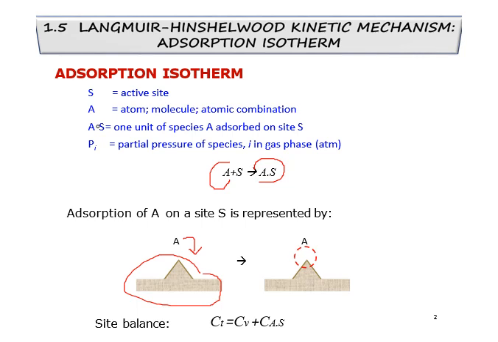So if we do a site balance on concentration, the total concentration for this occurrence is the concentration of vacant sites plus the concentration of sites that have been occupied. Okay, that's the theory.